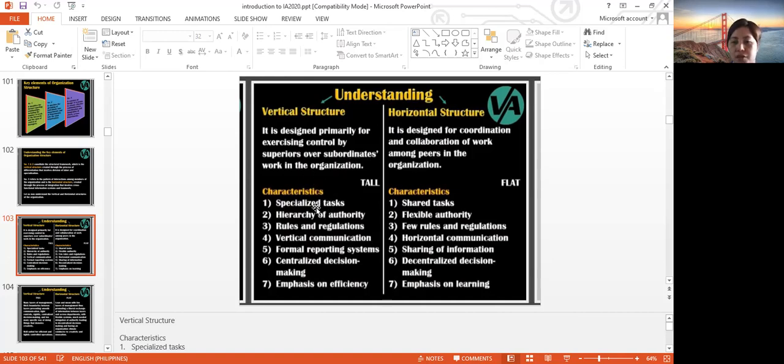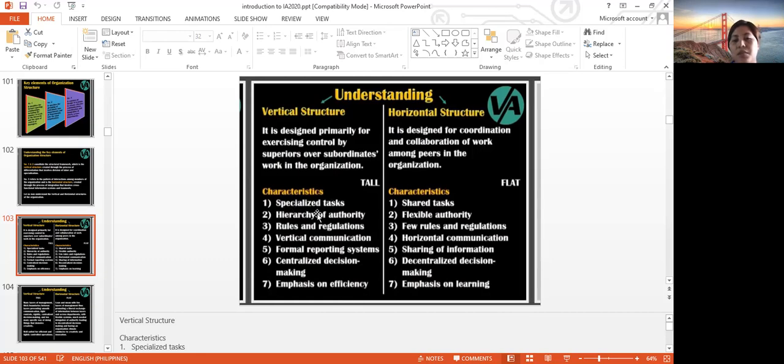Okay, vertical structure, what are the characteristics? Specialized task, hierarchy of authority, rules and regulations, vertical communication, formal reporting systems, centralized decision-making, emphasis on efficiency. So these are the characteristics.